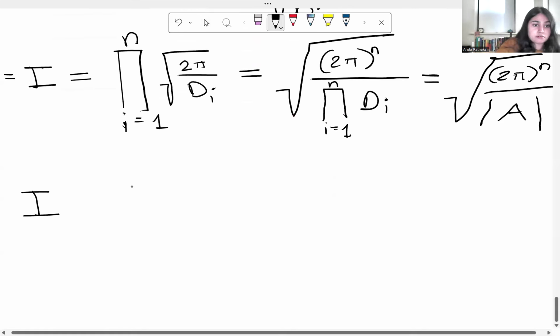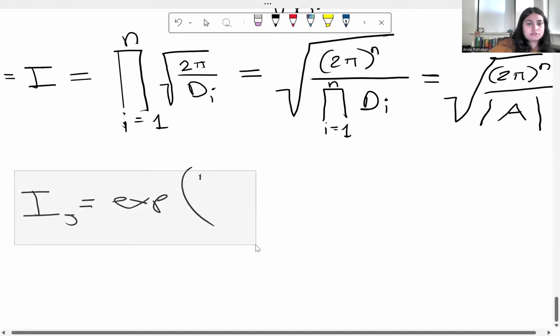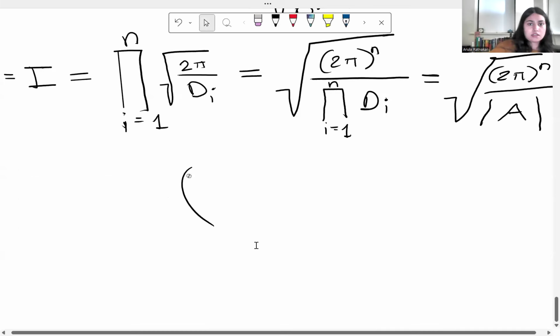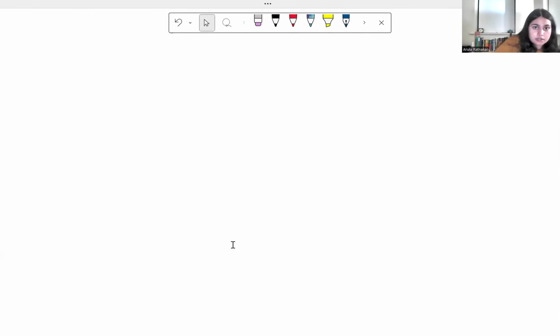If you remember before, IJ was equal to, actually, I'm going to write the full original integral because we're at the point where we have a solution. So I'll write the problem that we began with.